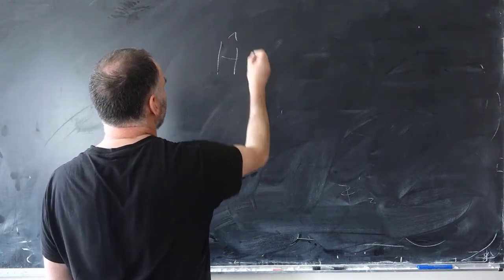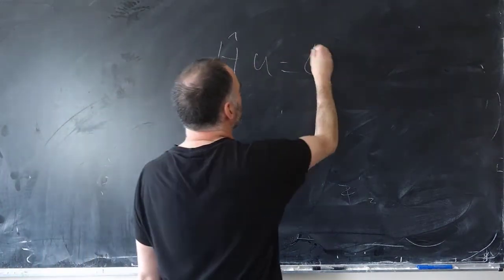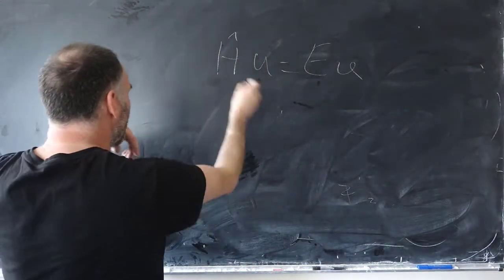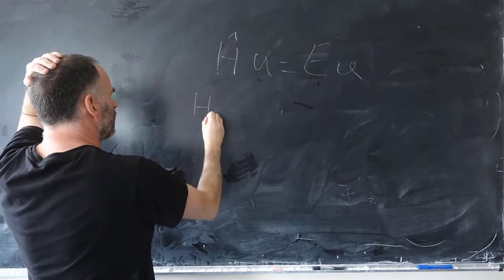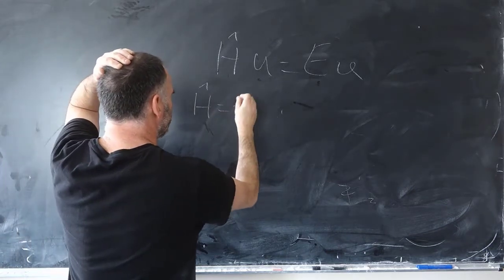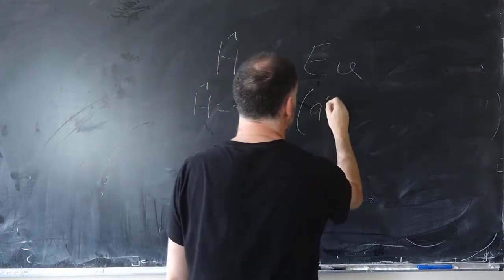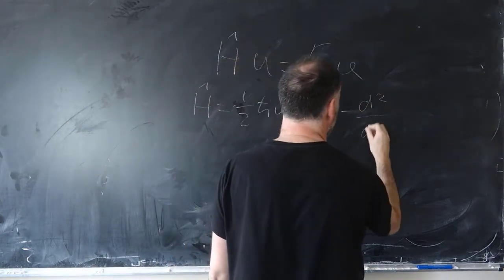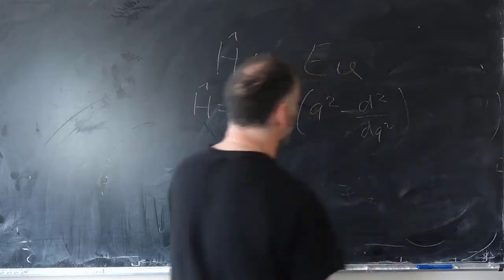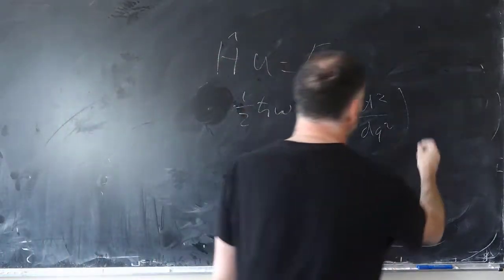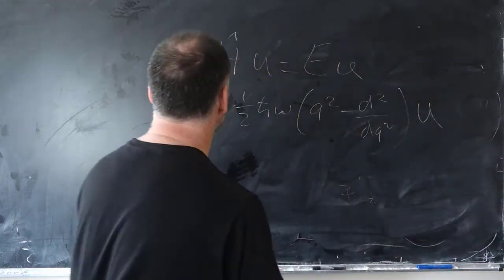Right. Eigenvalue problem. So eigenfunction, eigenvalue. So let's apply our Hamiltonian to u, a function.